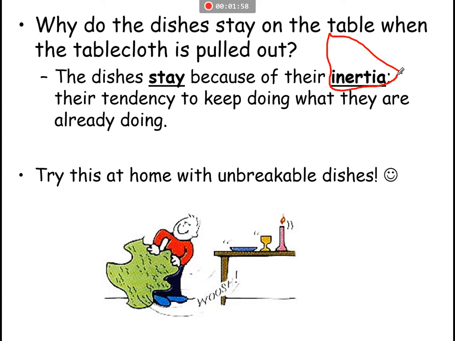Due to their inertia to hold their resting state, they are not going to come with the tablecloth. Their tendency is to hold that original state, so the dishes stay on the table itself.